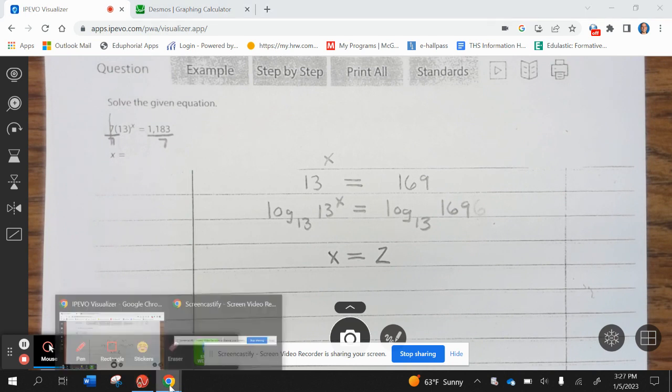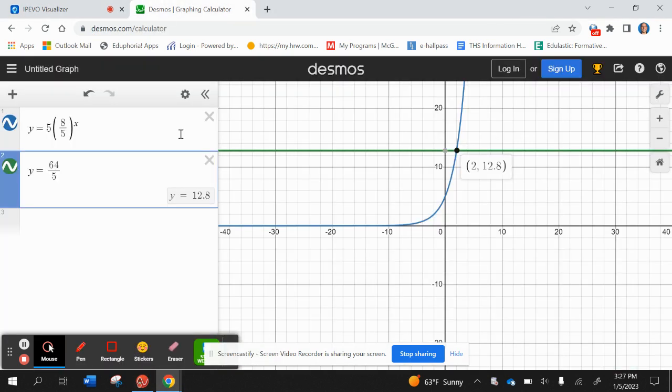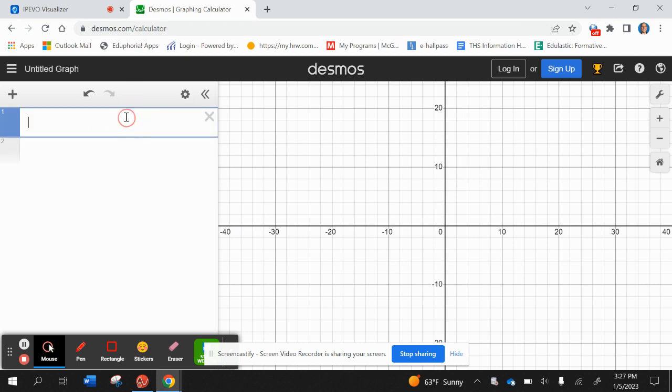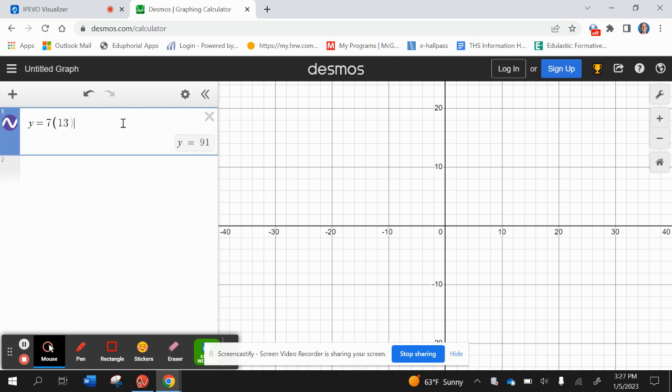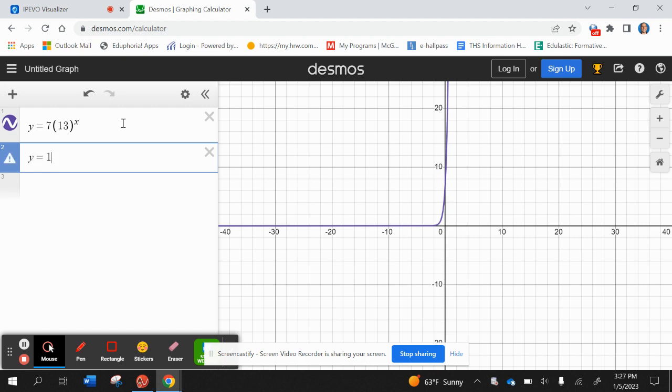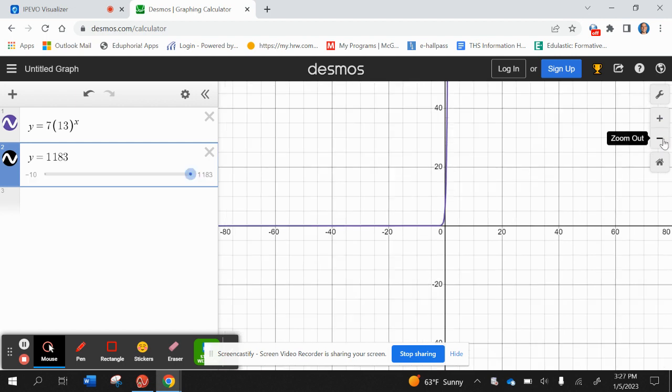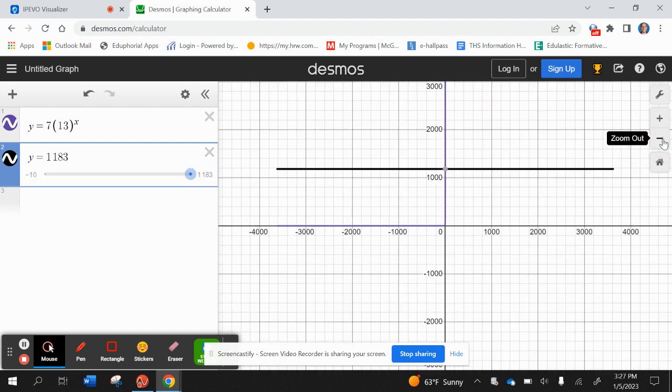So now let's take a look at it graphically. So we have y equals 7 times 13 to the x, and y equals 1183. Now, it's going to take a while to zoom out because that number is quite big.